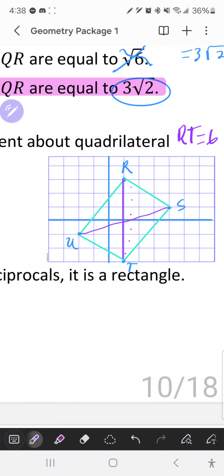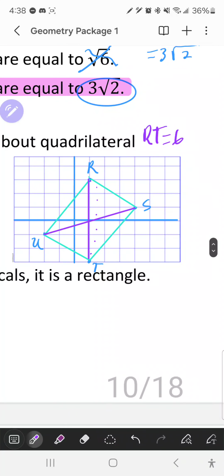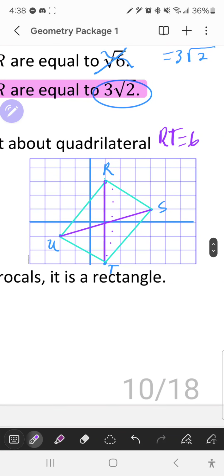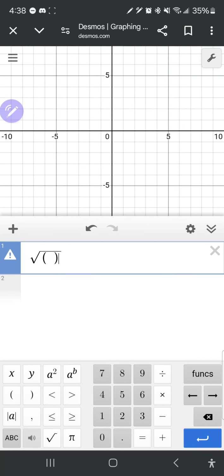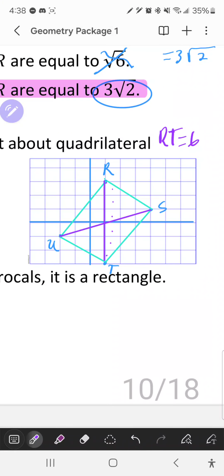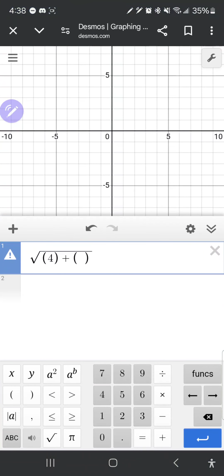Now here it is going to be US, so we do need to calculate it. We're going to use the distance formula. Something that you can do is just plug in the distance formula in your calculator. So the points are, x2 is 4, 4 minus -2, so 4 plus 2 square.